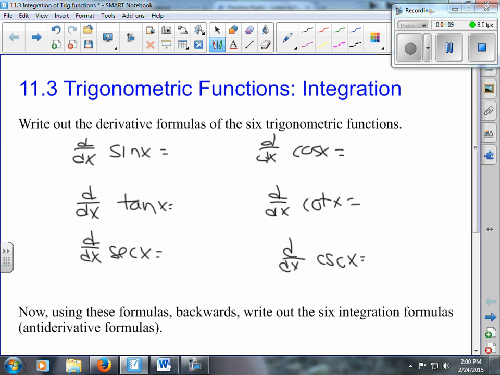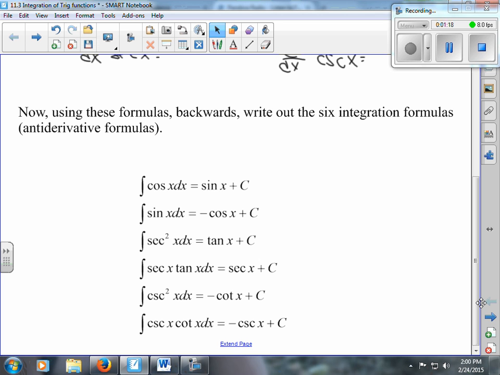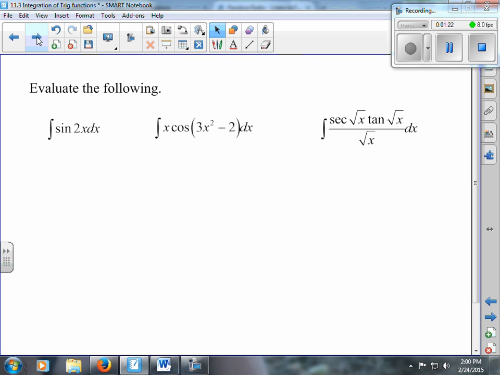Okay, so once you're sure that you know those and you fill them all in, then I want you to go ahead and write them out backwards for the antiderivatives. Okay, now that we have these 6 backwards derivative formulas, or 6 antiderivative formulas, we're going to do a couple of example problems using them.